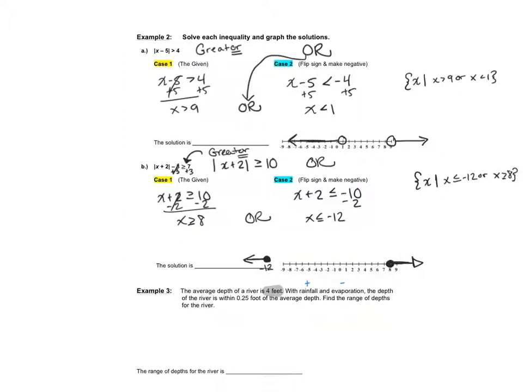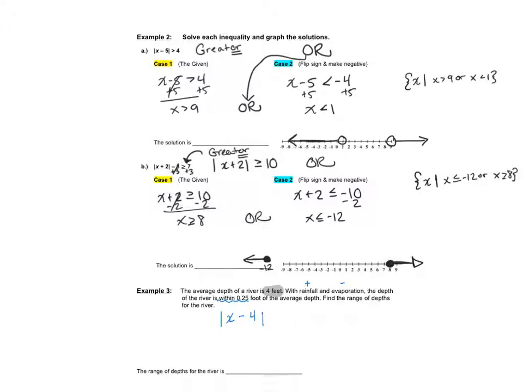Okay, with absolute value inequality word problems, we start with the absolute value bars. We have an x. We take our constant amount of 4, place it here. We're going to put a subtraction sign, and then because it says within 0.25, within is like in between.